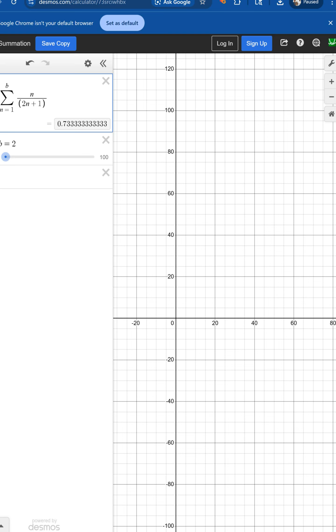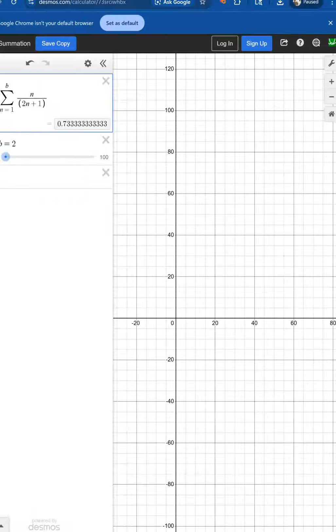I have then plugged in the formula it gave us here. The bad thing is that it won't let you plug in an infinity here on top, so we do have to do a little bit of thinking. I put B as my slider, because when you type in another variable up here, it gives you a prompt that says add slider, and you click yes.